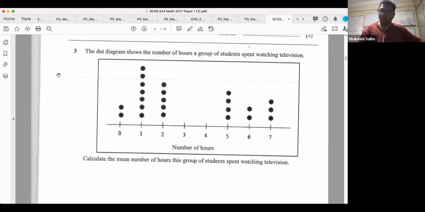Total number of hours watched divided by number of students gives the average number of hours watched by a student. Mode is also another form of average, but it's a different way of calculating.